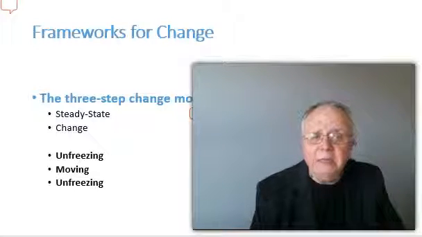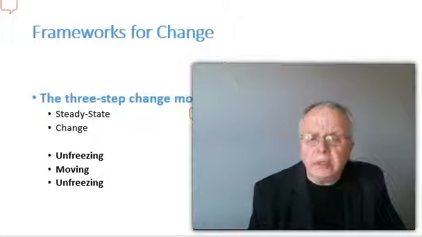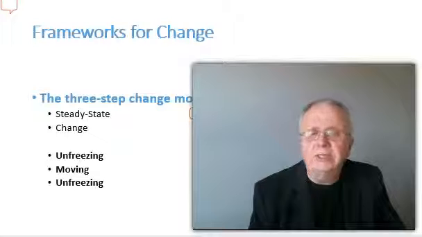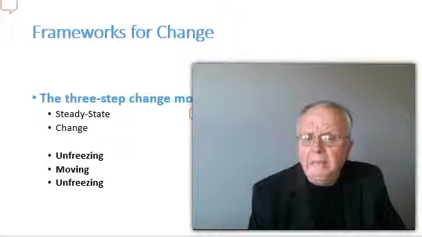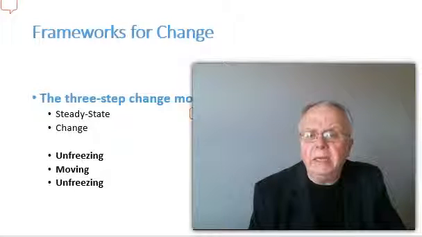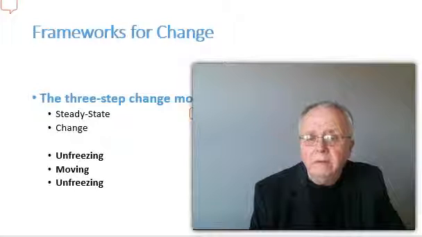In the three-step change model, most organizations reach what's called a steady state, or a place of lethargy where there's not much change happening, and maybe that change is not needed. But behavior at any moment in time is the result of two groups of forces: those striving to maintain the status quo on one side, and those pushing for change on the other.